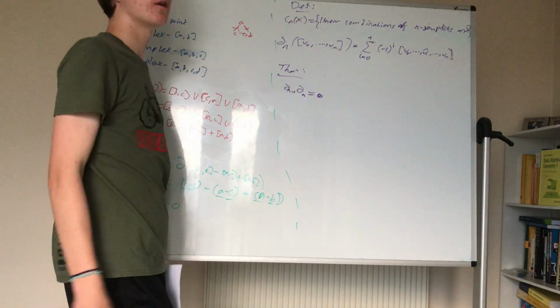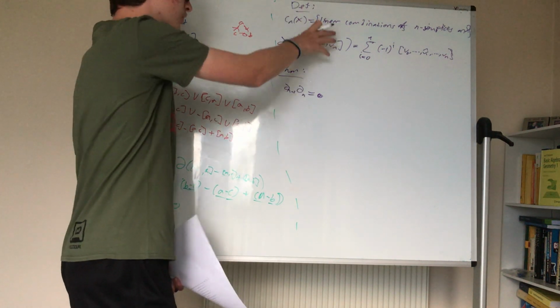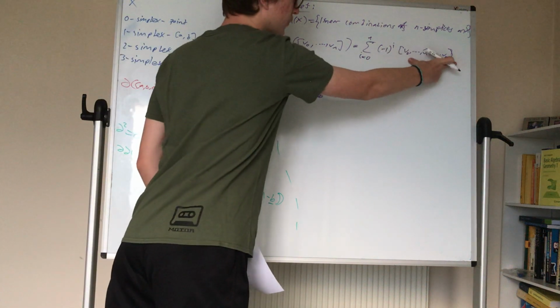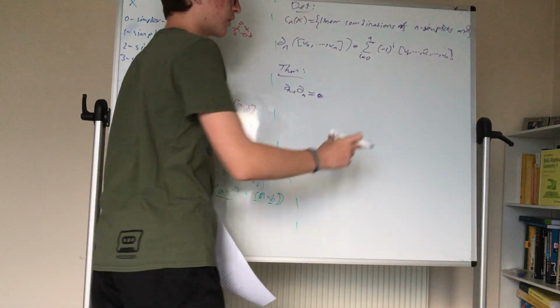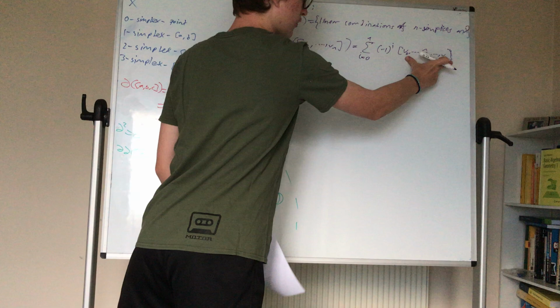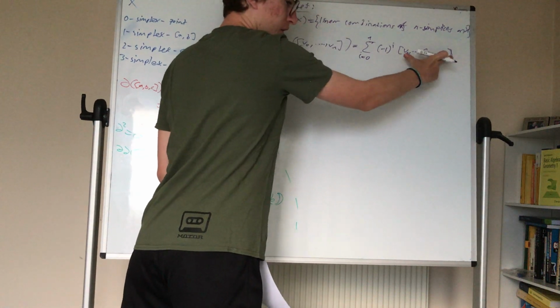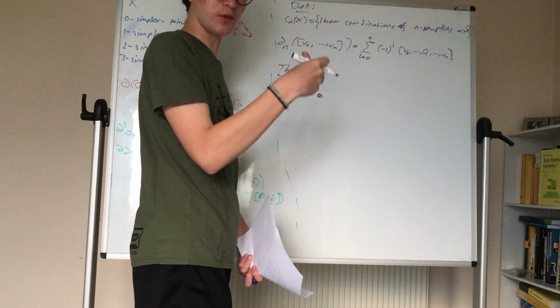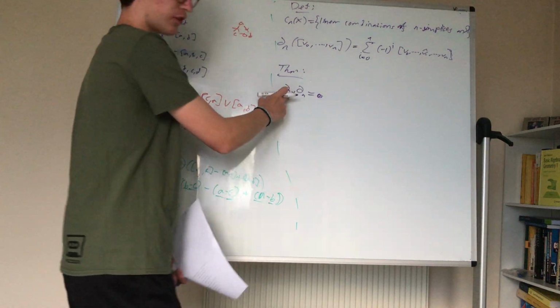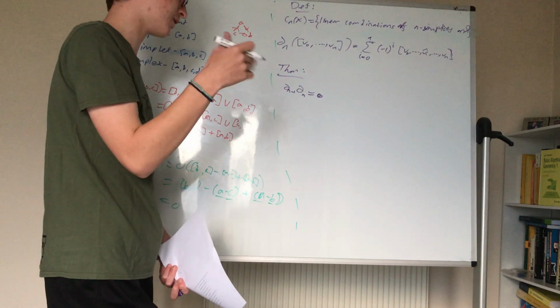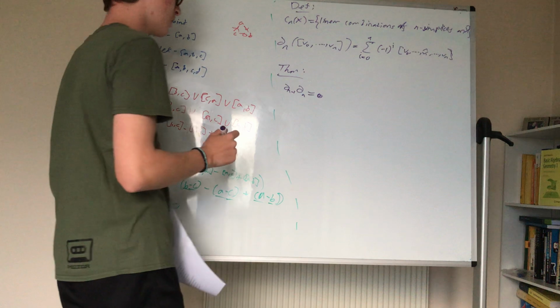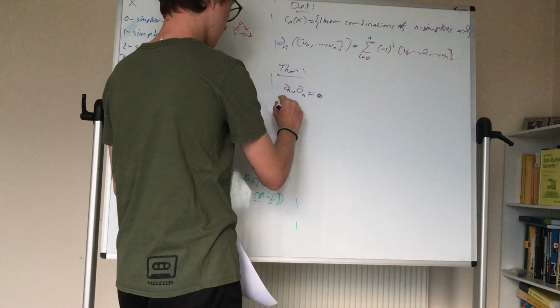Now, of course, we should strictly be doing this on a sum, but all elements are of this form, and so we'll just show that the boundary operator of something of this form is equal to 0, and therefore the sum of all of those things is just going to be 0, since this is just a homomorphism, so we can split up in that way anyway, so that's okay. Right, so, proof.